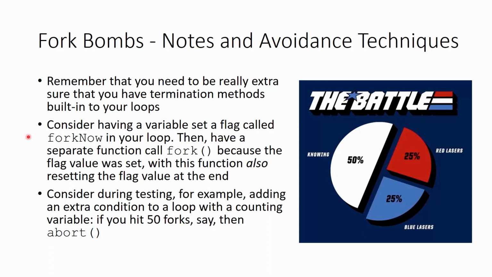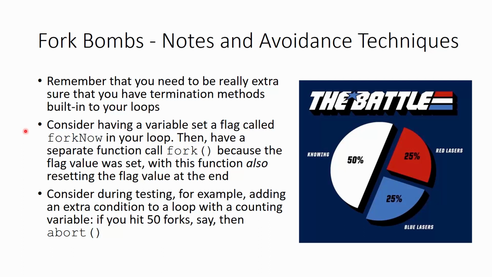So there are a couple of different methods for that, and you can think of your own fairly quickly, I'm sure. But consider having a variable set a flag called fork now, for example, inside your loop. It's some variable that gets set when it's time to fork. Then maybe you have some separate function call that reads whether the flag value was set, and if it was, it calls the fork, and then resets the flag back to don't fork the next time it comes through.